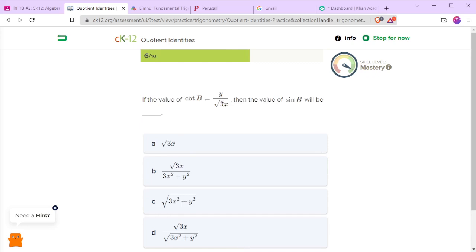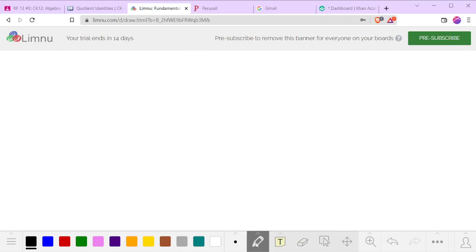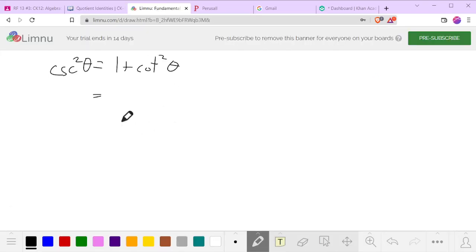So if this is the value of cotan b, we want to find the value of sine b. Remember, sine is just the reciprocal of cosecant. So if cosecant squared is 1 plus cotan squared, then cosecant squared is 1 plus y over root 3x. Oh, not root x, root 3x.